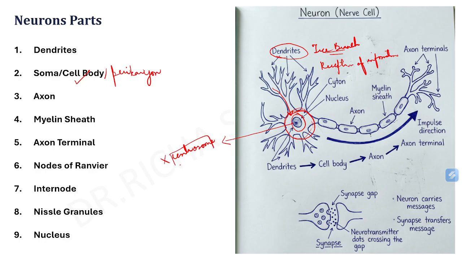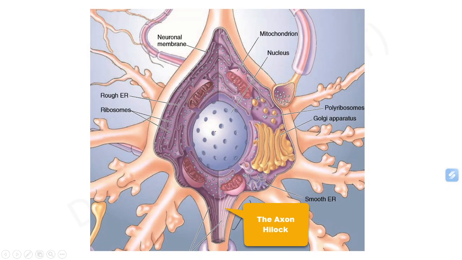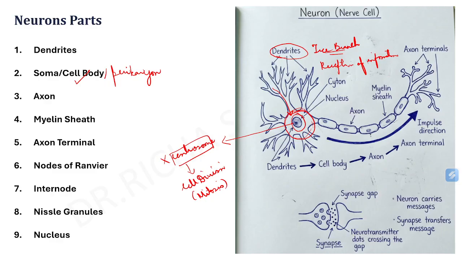So, what is a centrosome? A centrosome is basically a structure that helps in cell division. The process of cell division is called mitosis, and the centrosome plays a very important role in cell division. Whenever a cell has to divide from 1 into 2, it plays a very important role.